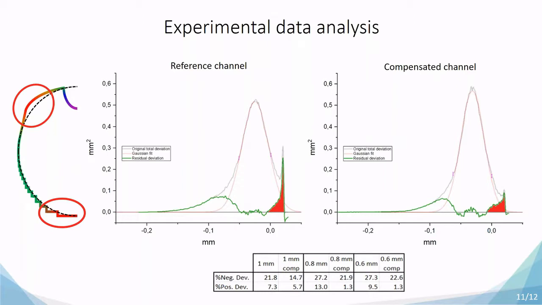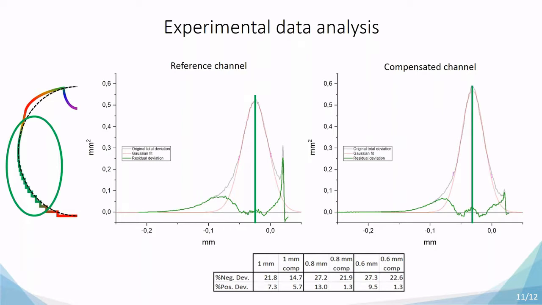So for now, especially for the 1 millimeter sample, you see that the reduction in the positive deviation is not that high, but please keep in mind that part of this area is actually due to the staircase effect. In general, however, you see that there is a strong reduction in the positive deviation, especially for the smaller channel, which is actually completely eliminated.